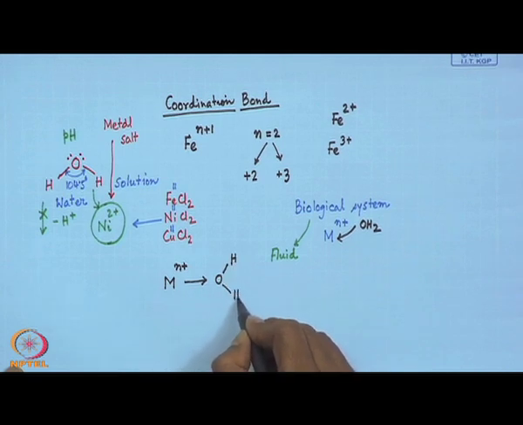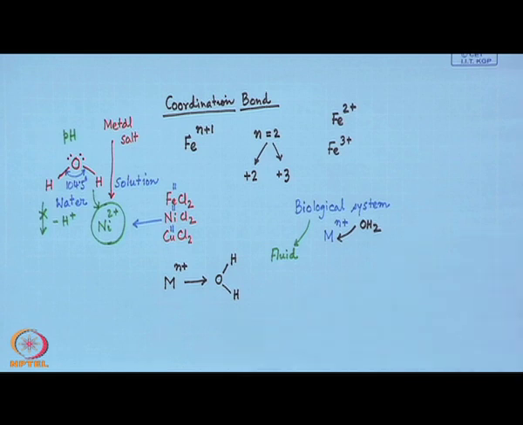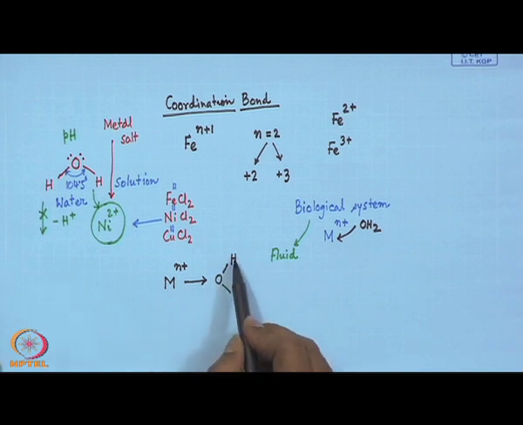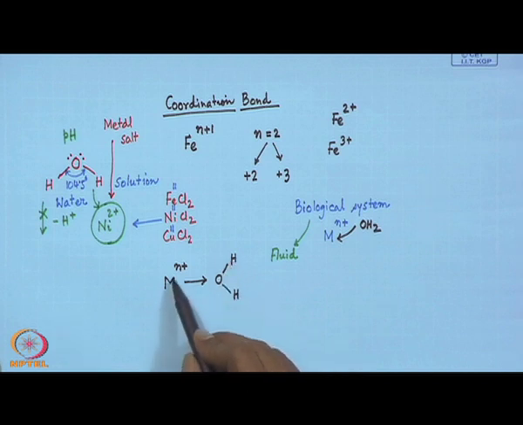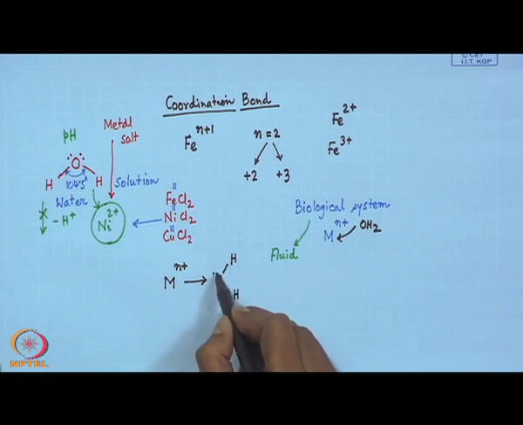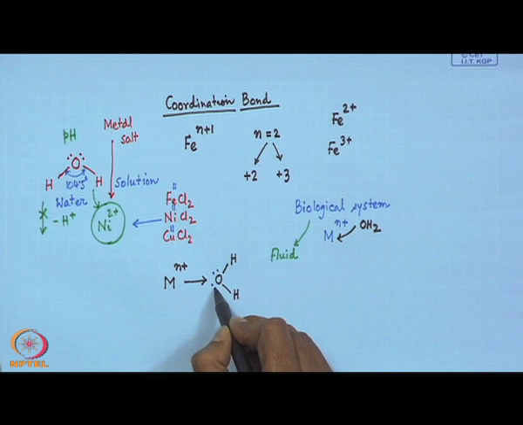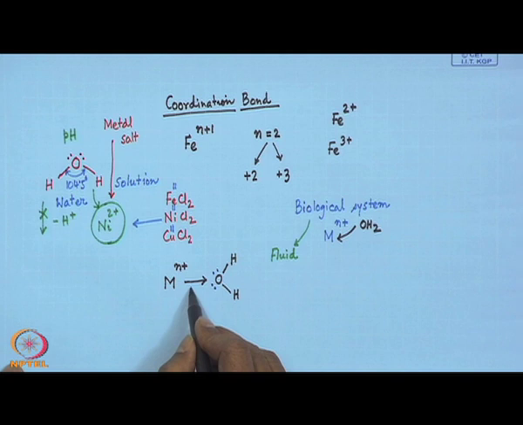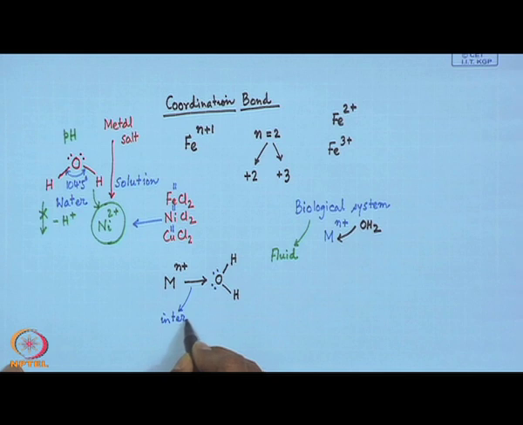So, from here what we see is that if M n plus is there and is going to interact with the water molecule, and obviously you can have two kinds of atoms on the water molecule, one is the oxygen atom and the other is the hydrogen atom, and the possibility for interacting is that we have the lone pair of electrons, we all know, on the water molecule. So, this arrow that we are showing is the corresponding interaction, how it is interacting.